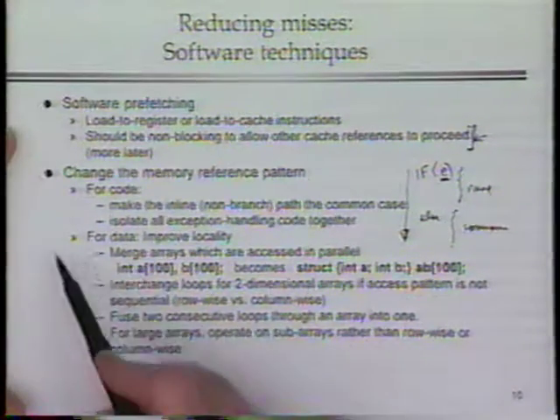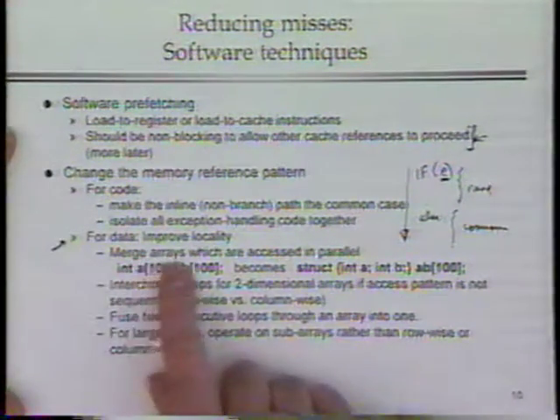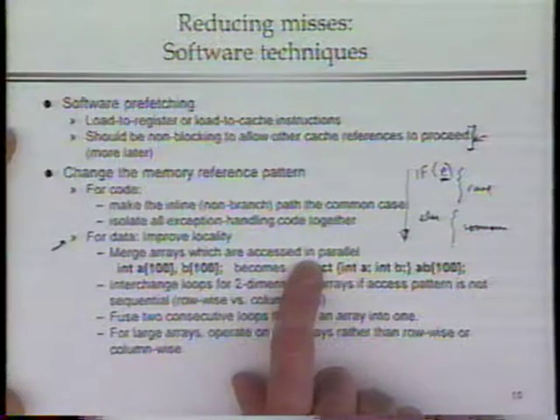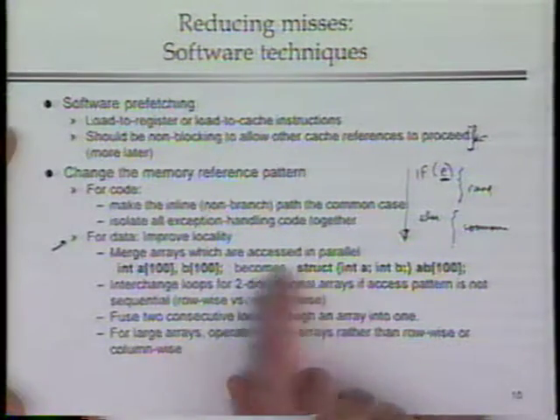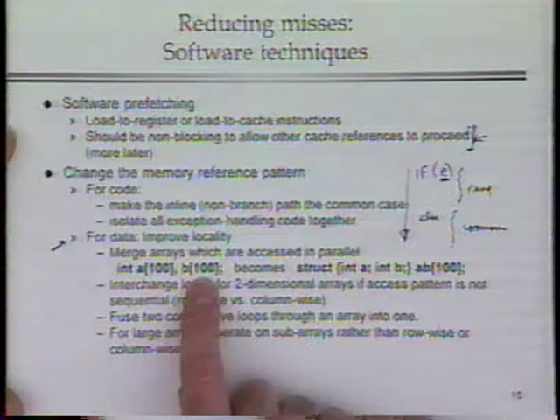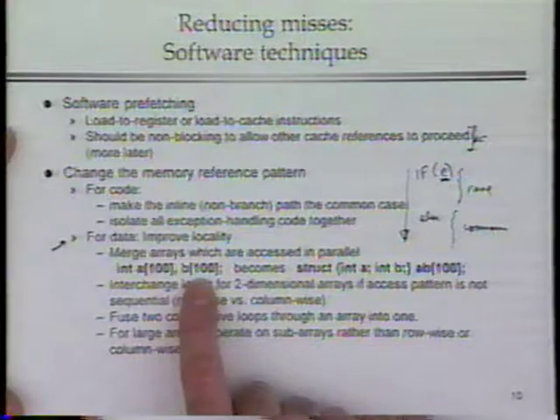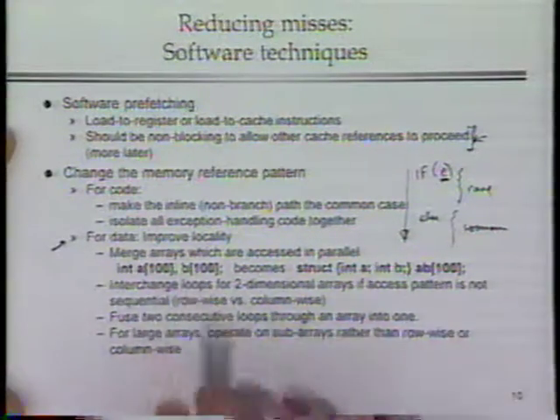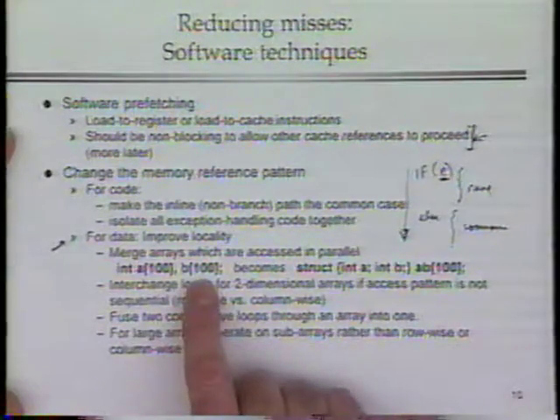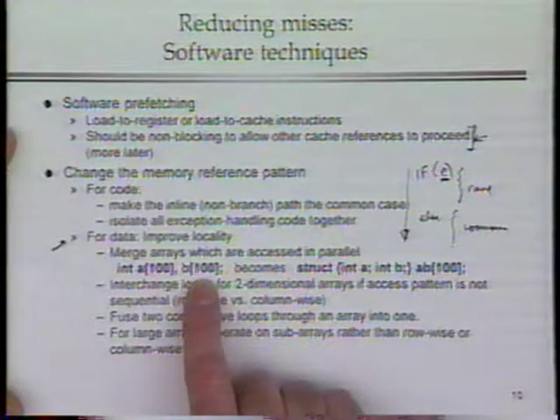There are lots of things you can do for data. For example, if you're referencing arrays in parallel, like you have an array of 100 elements and another array of 100 elements, and you're adding them together, or maybe these are 1,000,000 elements apiece and there are 6 of them and you're adding them together, you're bopping back and forth between an element in A and an element in B, which are separated by a long distance.